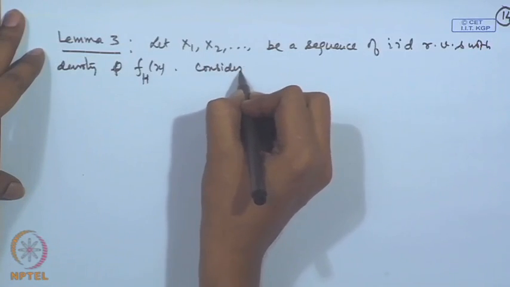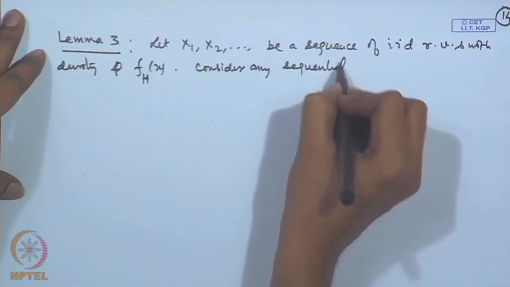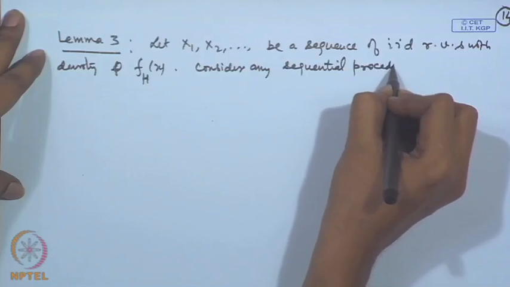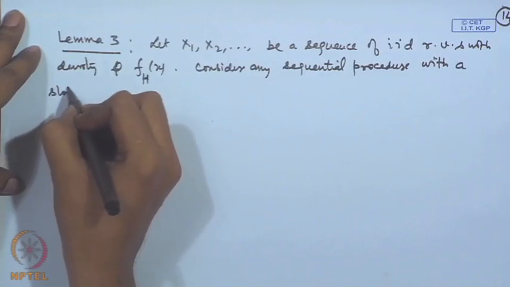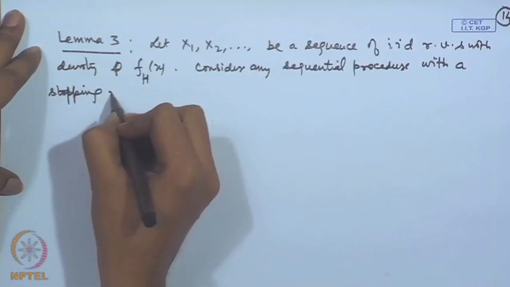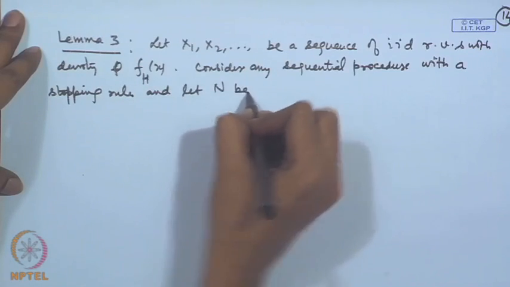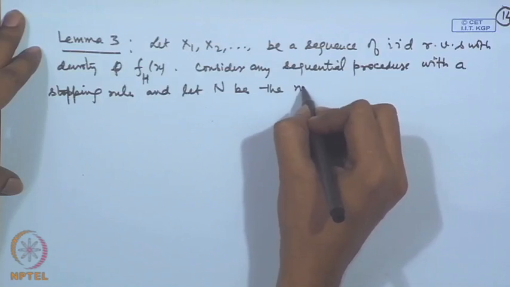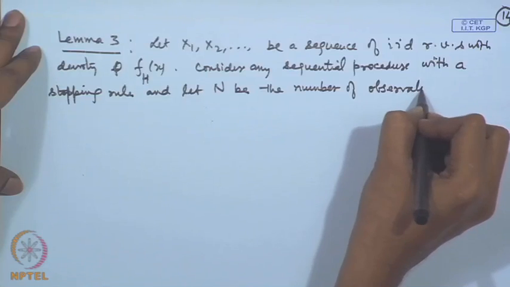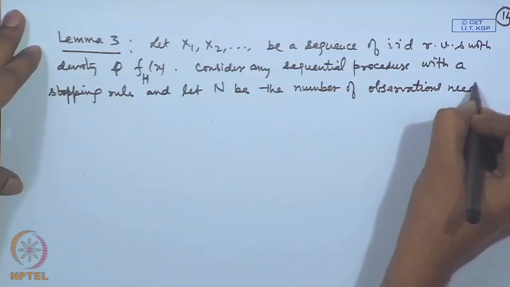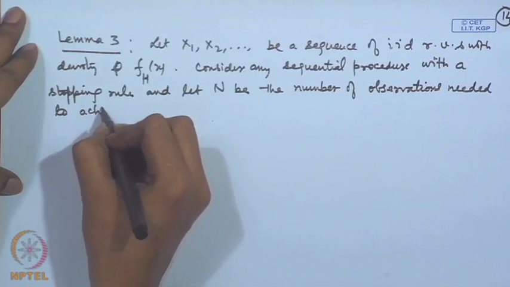Consider any sequential procedure with a stopping rule and let n be the number of observations needed to achieve a decision.